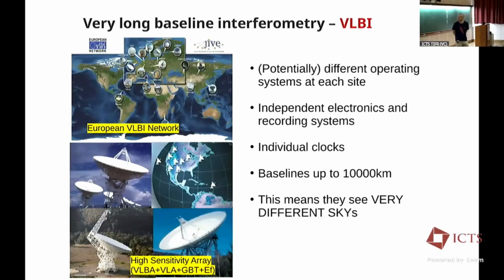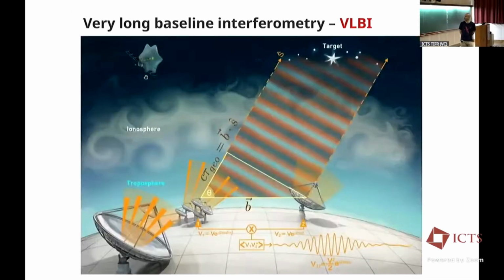And of course, the long baselines of 10,000 kilometers, or even just a few thousand kilometers, mean they all see very different skies. And why am I pointing out the different skies? So here is another nice schematic view. You have your dishes, and then of course up here we have the ionosphere, which is turbulent, and this dish certainly looks through different parts of the troposphere and ionosphere than this array over here.